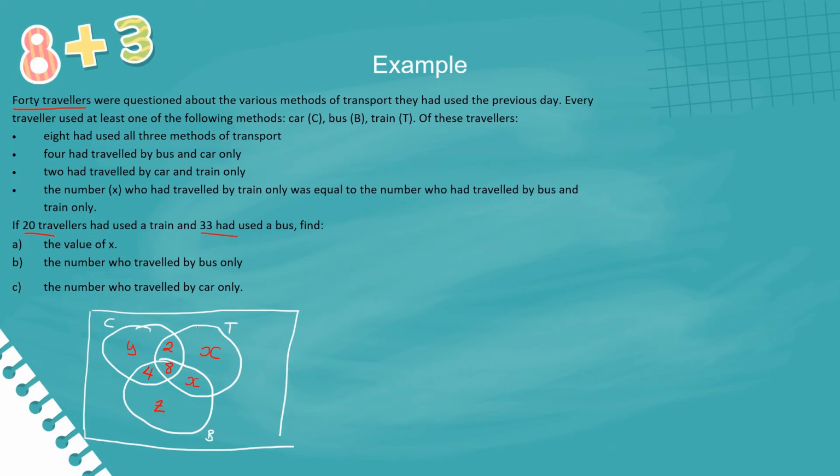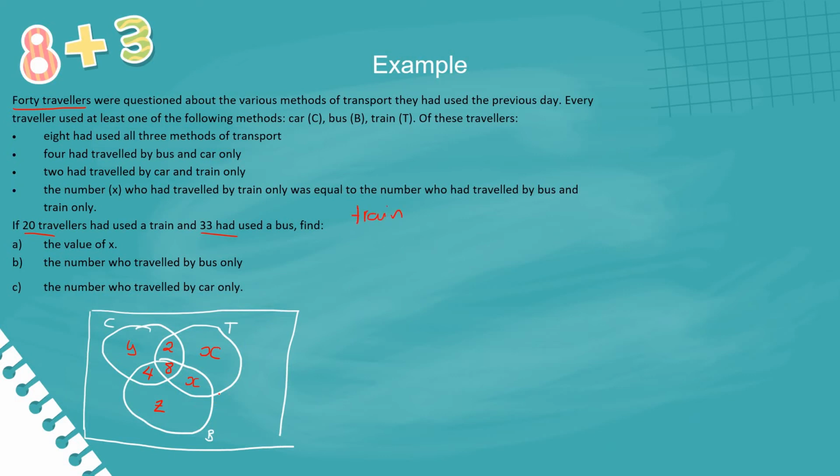So what are we going to do to start with? Now the easiest case, and you won't actually need simultaneous equations for this one, but I'm just flagging it so you're aware it might come up for some questions when you're working on this exercise. So if I look within my train circle here, I know 20 travellers had used the train.